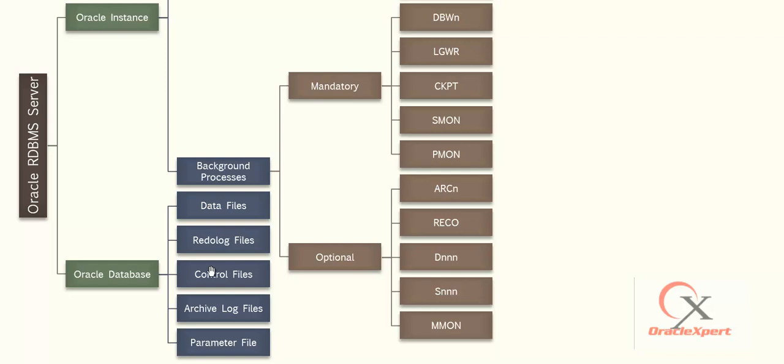The other part of your RDBMS server software is the Oracle database, which is a collection of files which you could see on your hard drive, the data files which store the user data and systems metadata, the redo log files which store the recently executed transaction records. You have control information in the control file.